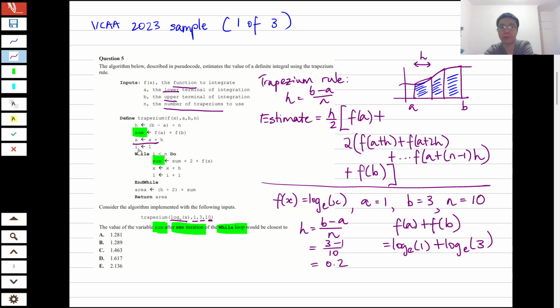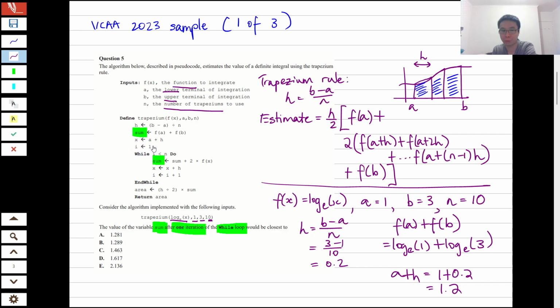Next, we define a variable x, which is equal to a plus h. A plus h is the first point inside the endpoints. So this is going to be 1 plus 0.2, which gives me 1.2. I is like a counter.